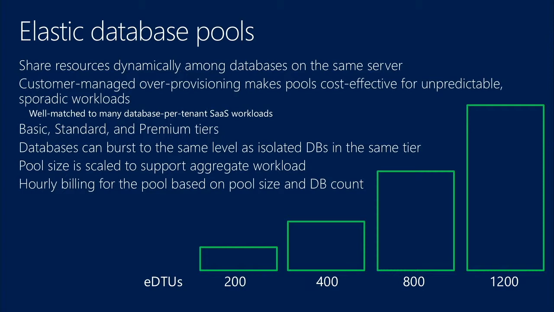And you need to be able to burst at different times. The pool allows you to basically take all your databases and put them in a single resource pool. And these databases can share the resources. And then you can optimize your workload based on the aggregate resource utilization of your databases, while at the same time allowing a single database to burst.